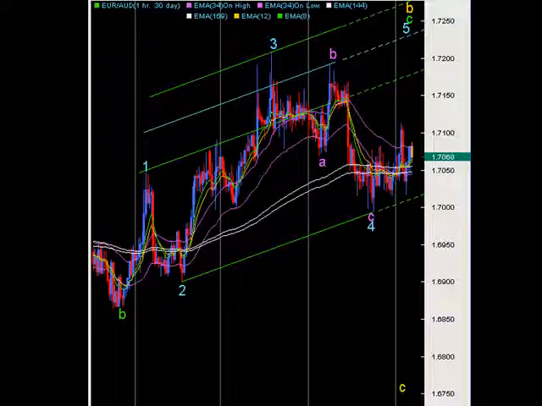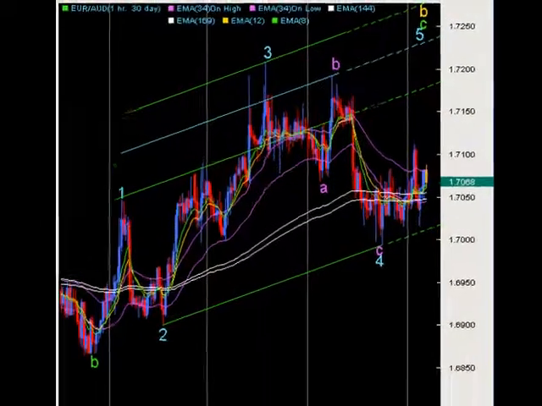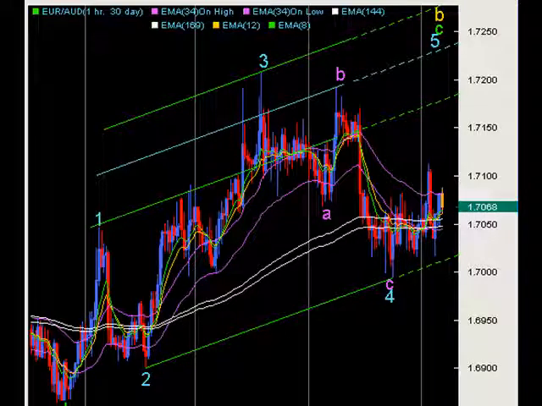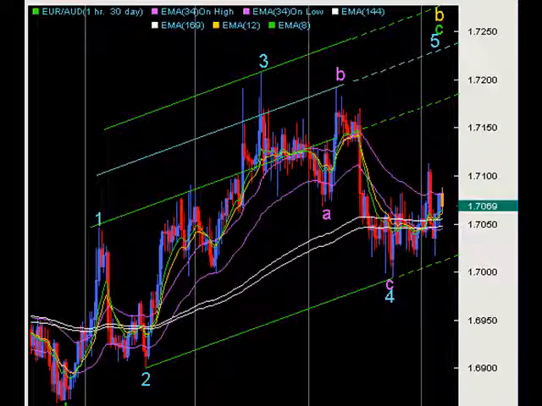As you can see here, I have this counted in a blue wave count, in which we have done a 3-wave move up with a 4th wave correction. The 4th wave correction has overlap between 1 and 4, signifying an ending diagonal.